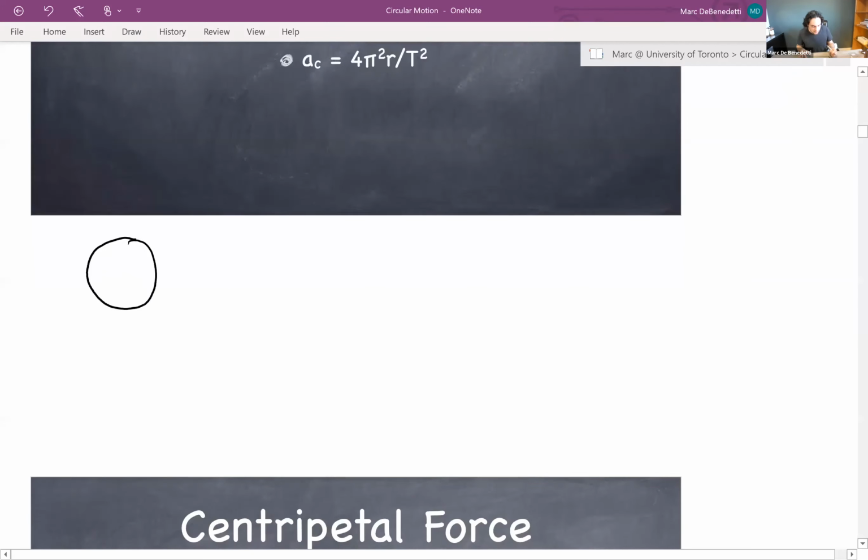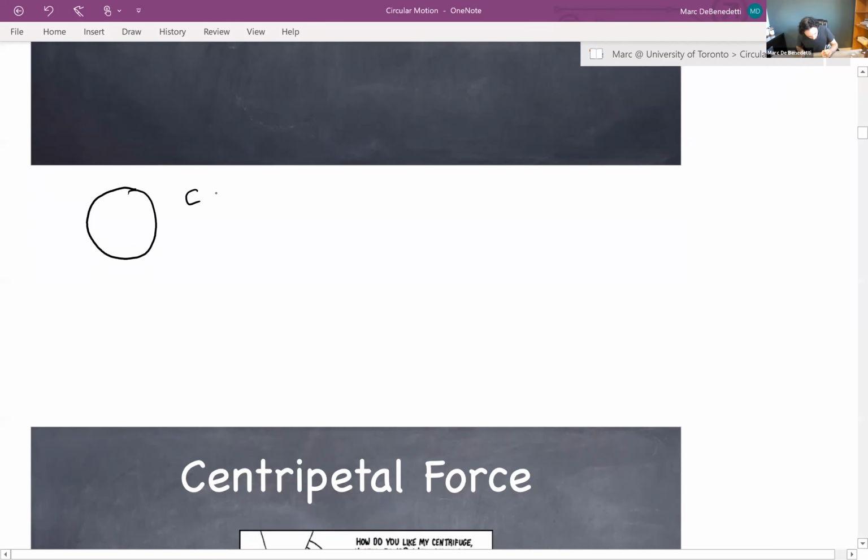If you actually look at a circle, we know the circumference of the circle is going to be 2 pi r. And if we have an object that we know is traveling in the circle, then we can say that the distance traveled is 2 pi r for one complete circle. And the time it takes, t, to complete one full rotation of a circle is actually called the period.